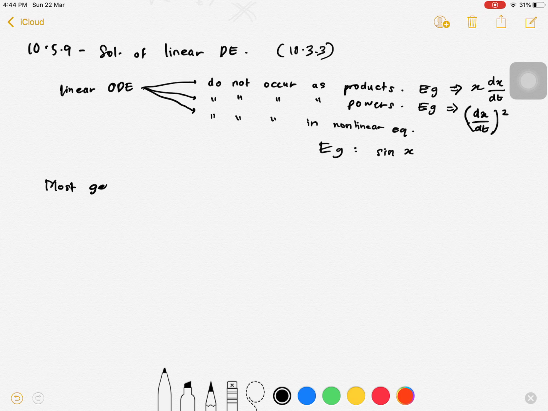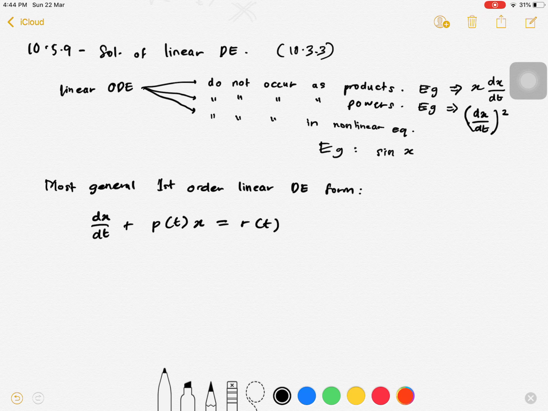The most general first order linear DE form is dx/dt plus p(t) times x equal to r(t).